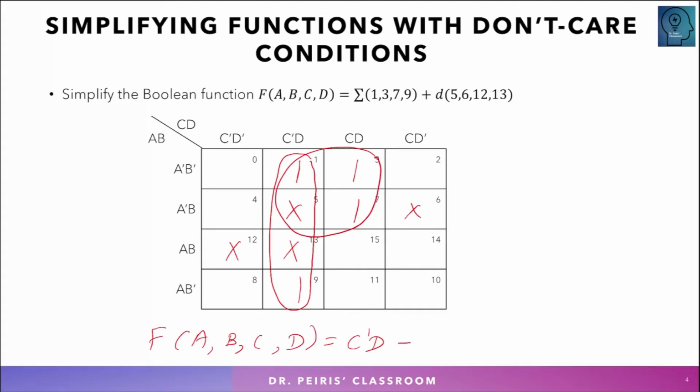That's the best way to do it. Now what does that term correspond to? 2 rows: A prime is common for these 2 rows, and for the 2 columns it's D. So it's going to be A prime D. Now that's all, we are finished with grouping. Do not group the crosses. We don't need to group the crosses. We are just interested in grouping the ones and then finding the simplified version.